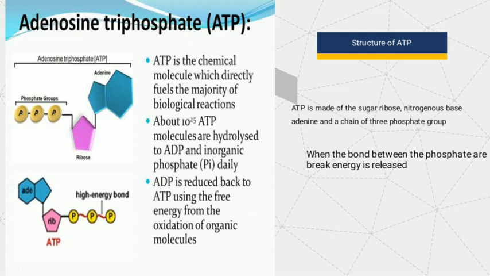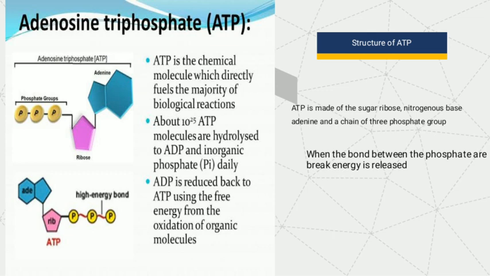You can see that the hydrolysis of ATP releases energy. There's some information here: ATP is a chemical molecule which directly fuels the majority of biological reactions.